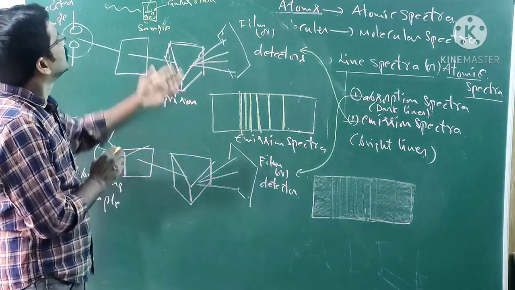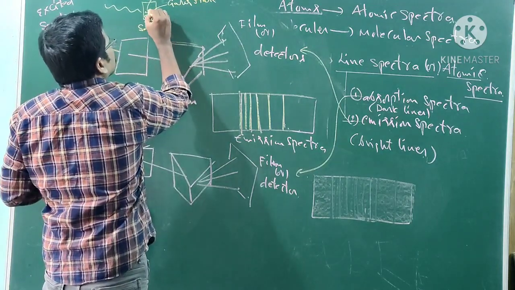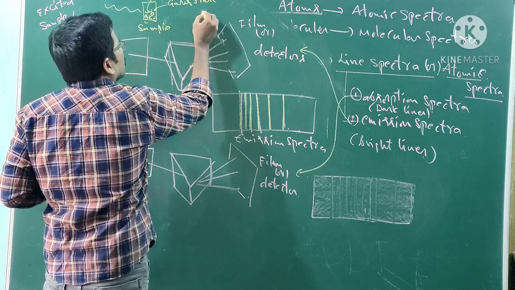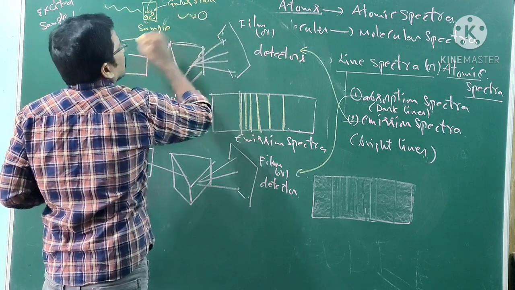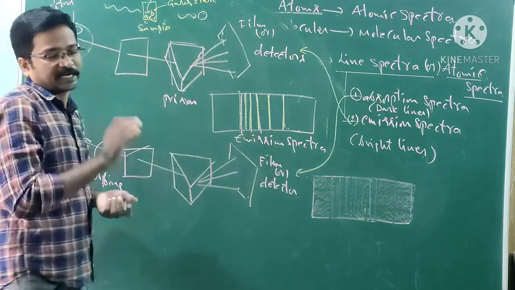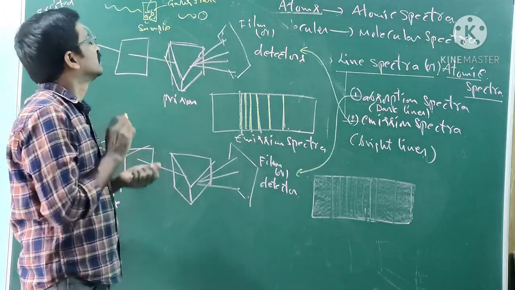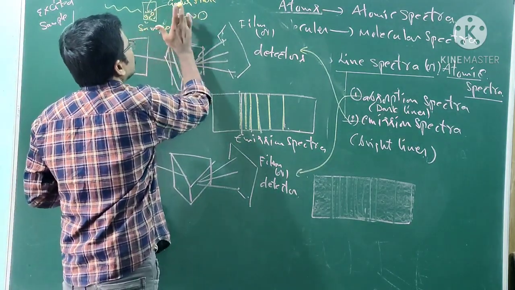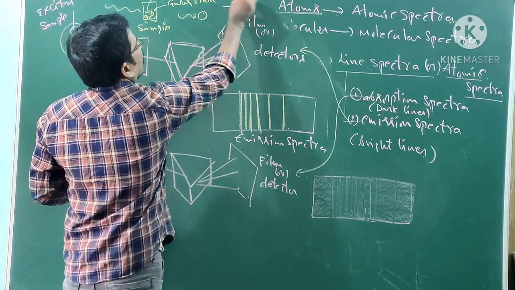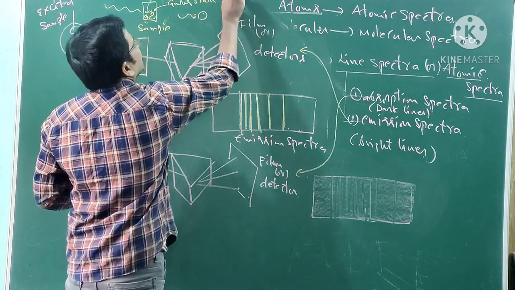Whenever an atom absorbs the radiation, the atom contains electrons in different energy levels. Whenever an atom absorbs some radiation, an electron goes from the lower energy state to a higher energy state.